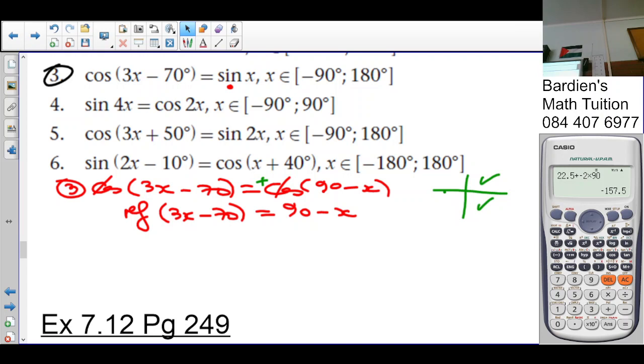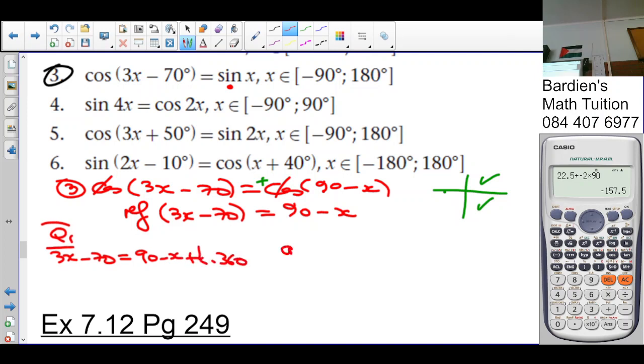Right, you guys sorted? Right, so what do we say now for quadrant 1? For quadrant 1, it's simply going to be 3x minus 70 equals 90 minus x plus k times 360.